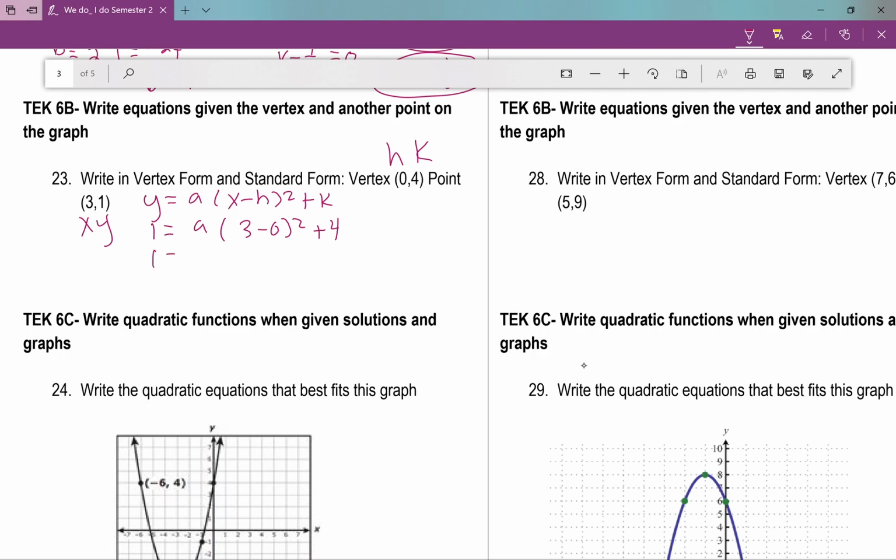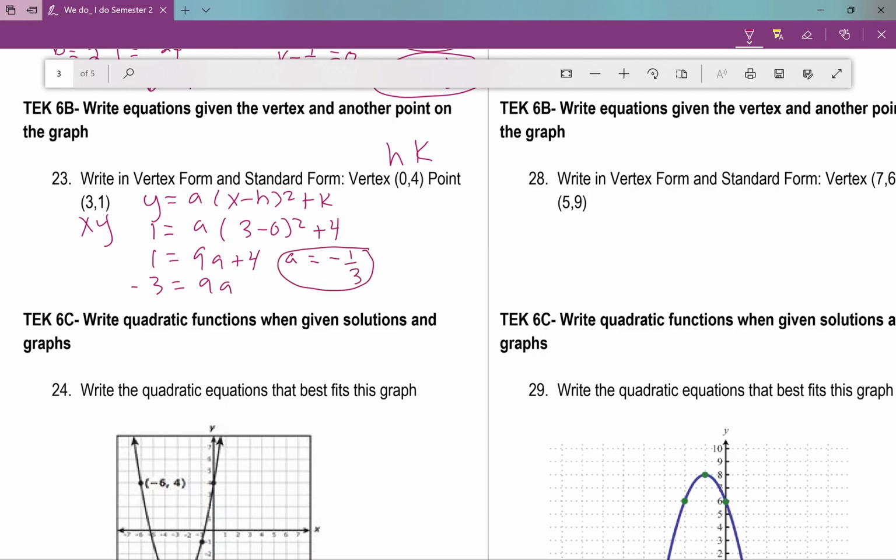So I have 1 equals 9a plus 4. Remember, our numbers always go in front of our variable. Then if I subtract 4 from both sides, I get -3 equals 9a. And then if I divide both sides by 9, I get a is equal to -1/3.